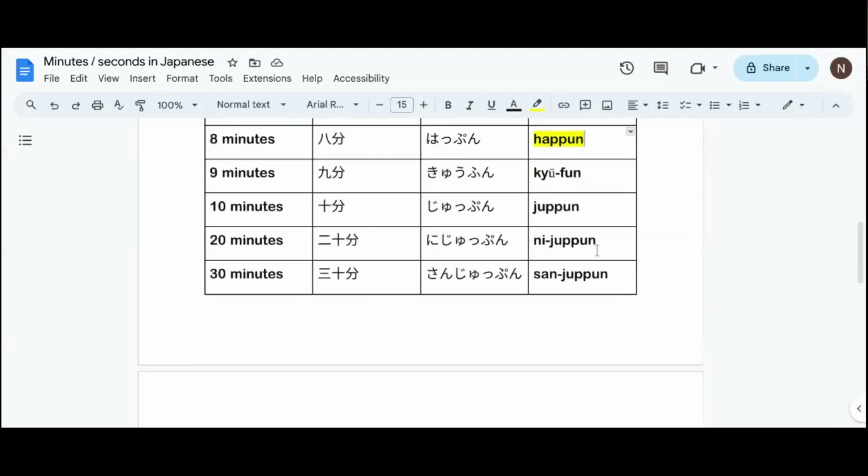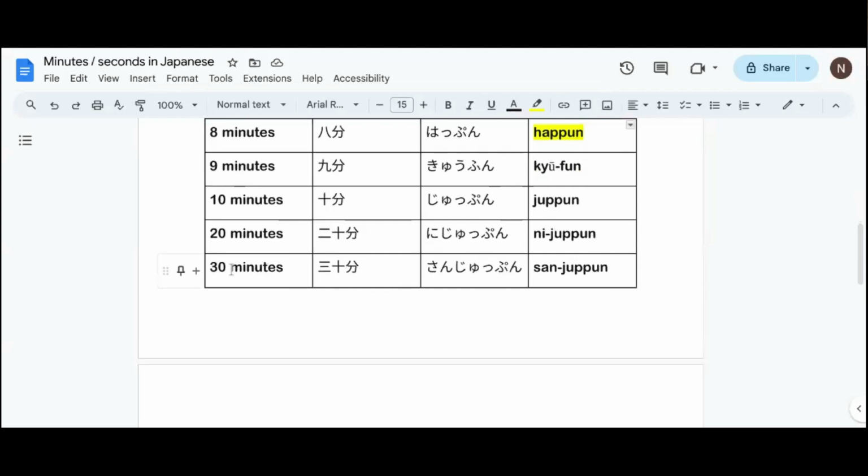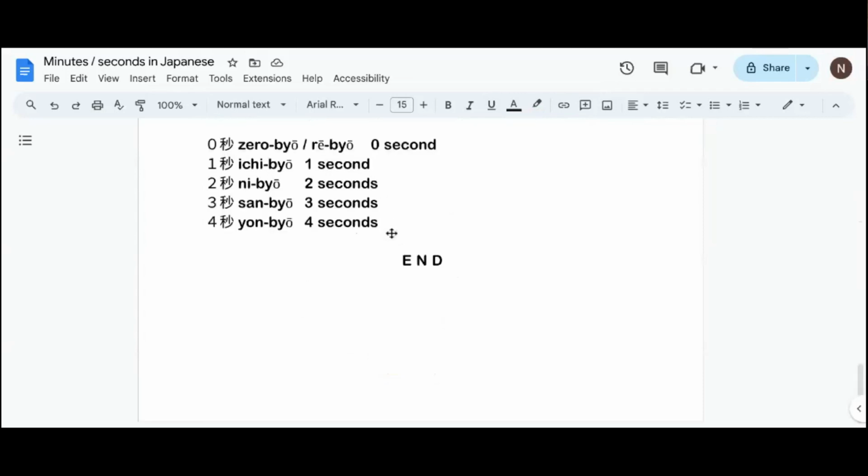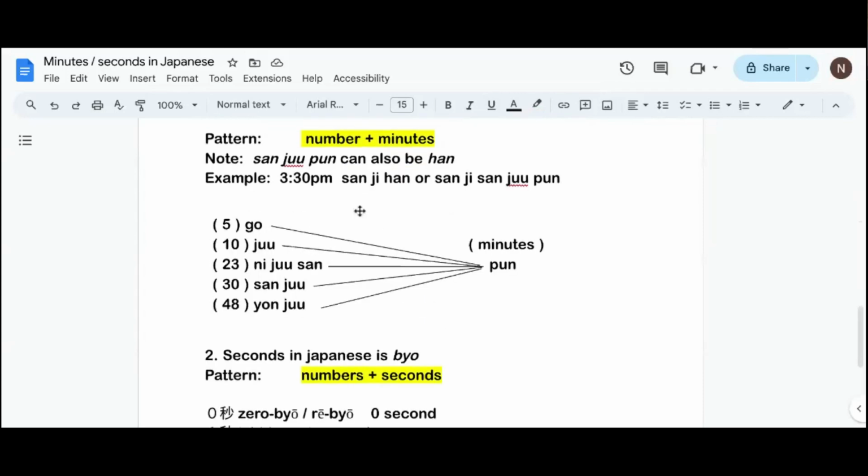And then for your 30 minutes, it can be sanjuppun or han. Okay, I have that. For your 30 minutes, like 3:30 p.m., sanji han can also be sanji sanjuppun, the 30 minutes.